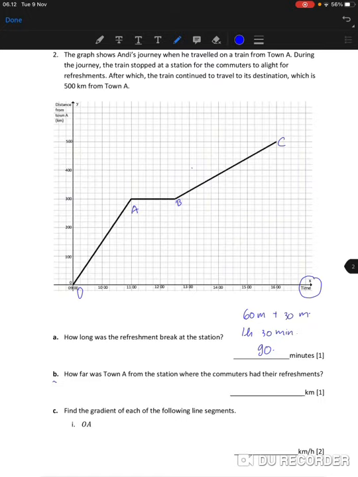Okay, the refreshment is here. It means you have to find the total distance. If you want to find the total distance, you have to take a look at your y-axis. From 0 you will have 0 to 300. It means the distance is going to be 300 kilometers.